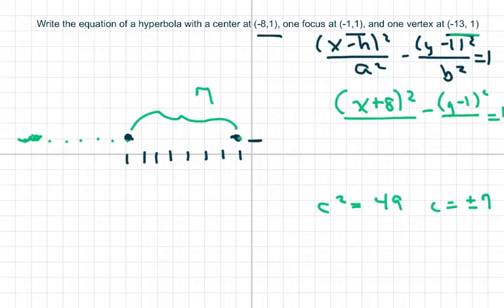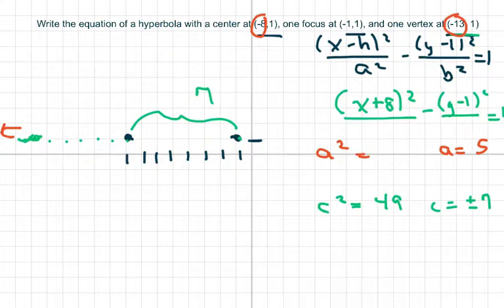Okay, and the next thing we have is one vertex is at -13, 1. So it's way down this way. So -13 from -8 is 5. So I know my a is 5, because you're taking this portion and the distance between them is 5.